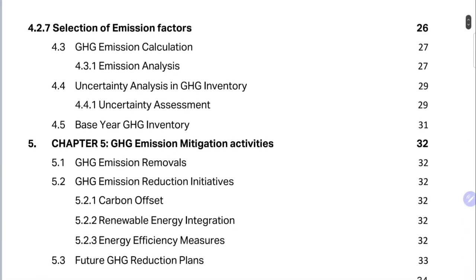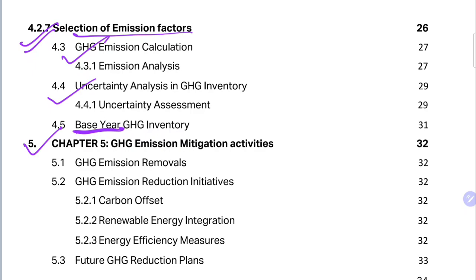Then we will see the selection of emission factors, very important, and generally learners are confused about it. So we will see what methodology was adopted for selection of the emission factors. We will see emission calculation, uncertainty analysis in GHG inventory, and also the base year, very important, the base year GHG inventory also we will see.